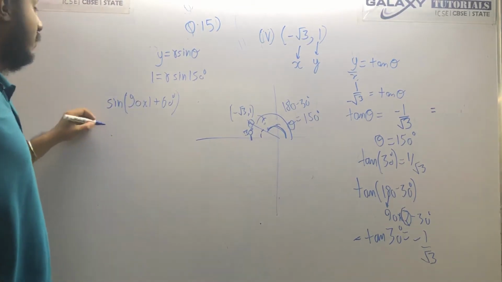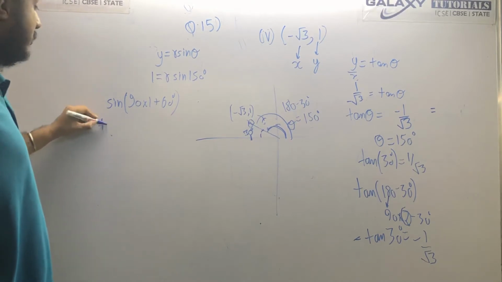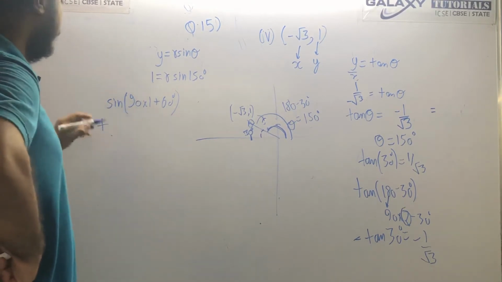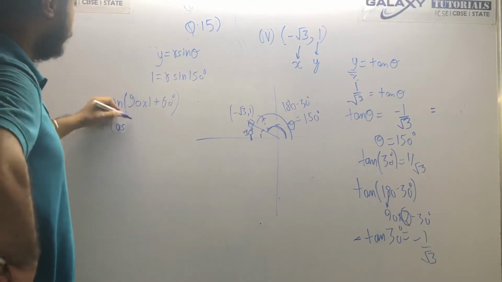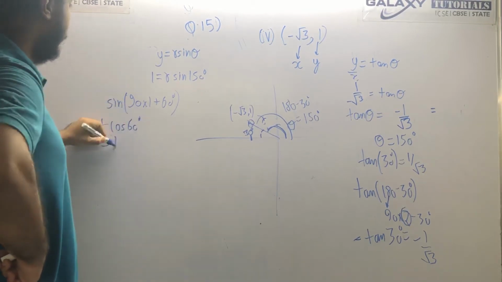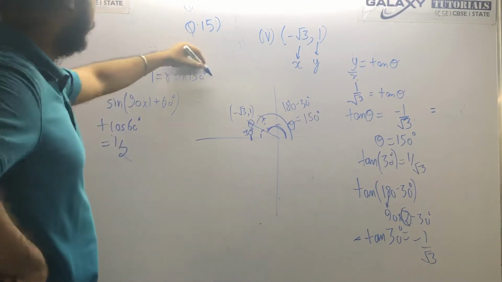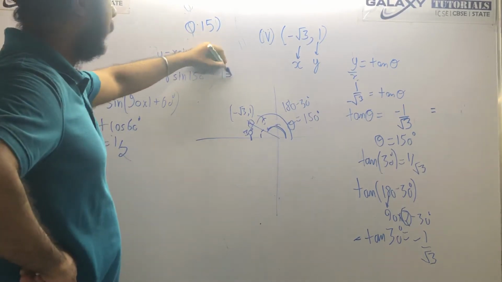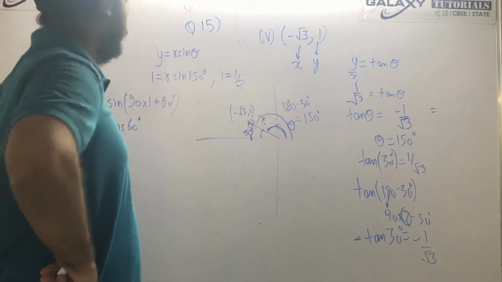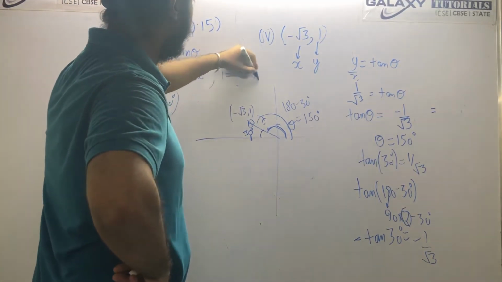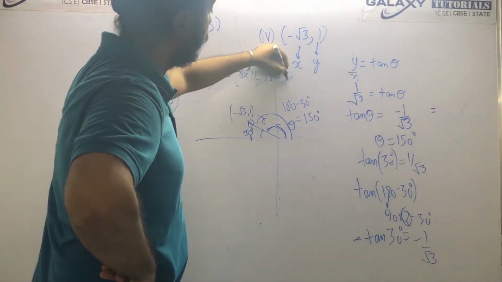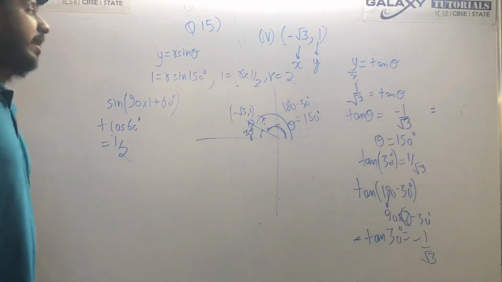This is lying in the second quadrant. In the second quadrant sine is positive, right? Positive. 1 is odd, so it gets converted to cos 60. This will be 1 by 2. So 1 is equal to r into 1 by 2. r is equal to 2. So this is your answer. r is equal to 2 units.